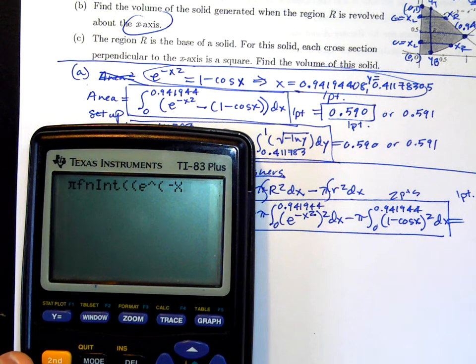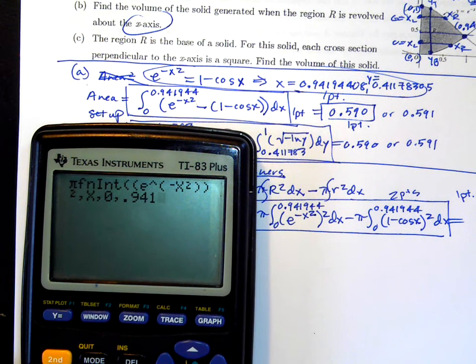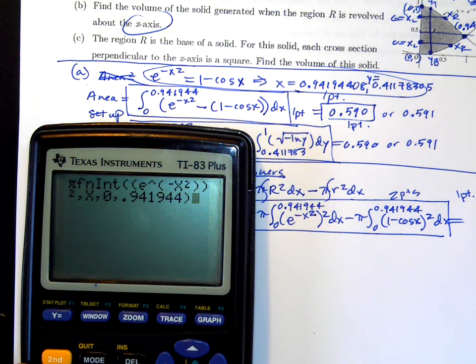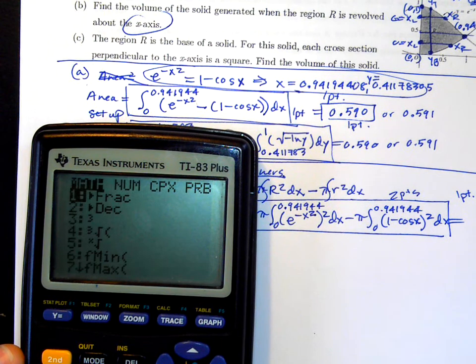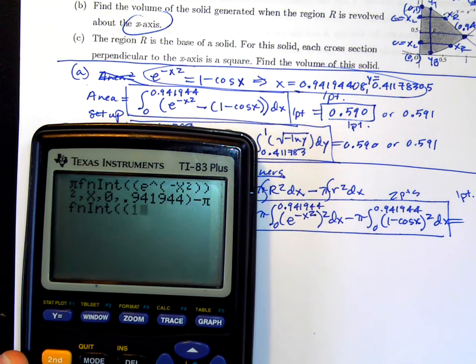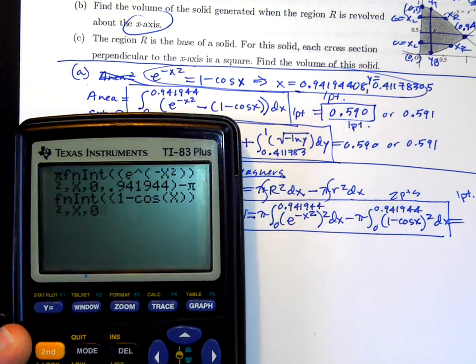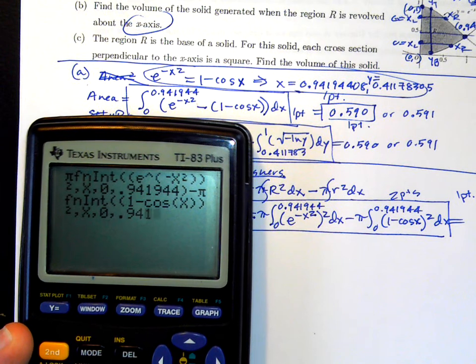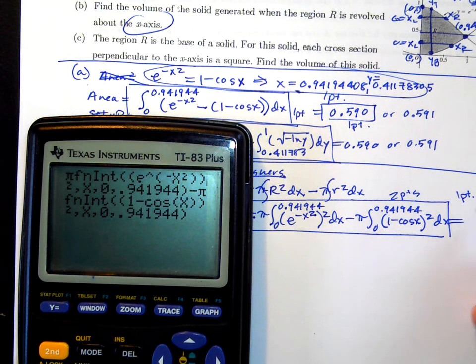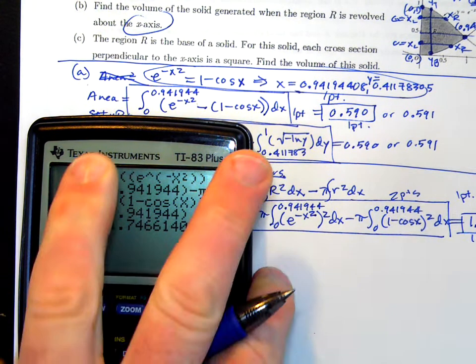I guess we could totally do vars, y vars here, because I already have these inners squared, comma x, comma 0, comma 0.941944 minus pi math 9 parentheses 1 minus cosine x close squared, comma x, comma 0, comma 0.941944 close. 1.746, or 1.747 if you really want to round.